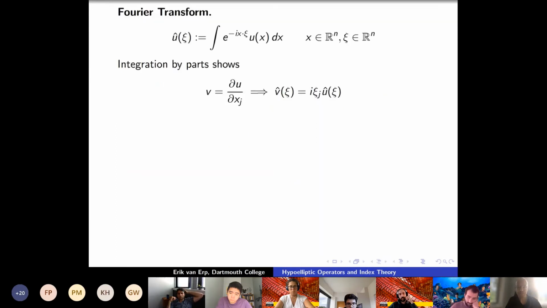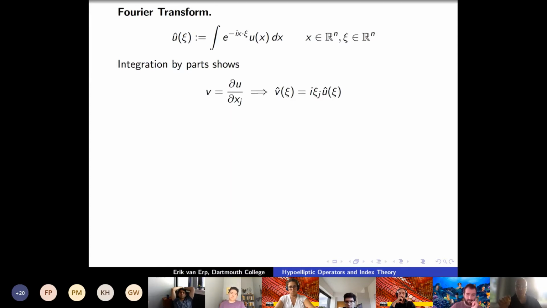The first important tool in PDEs, of course, is Fourier theory. If you take a Fourier transform of a function on R^n, technically you get a function on the dual space, but let's not fuss over that. The point is it turns a derivative into multiplication.